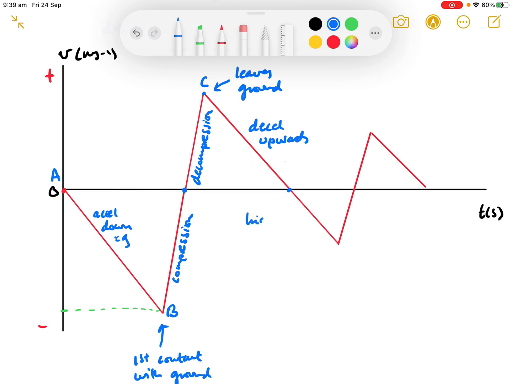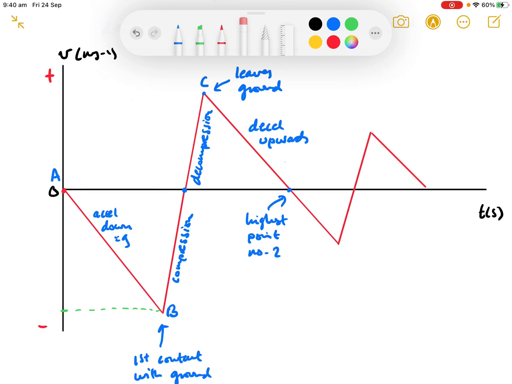So this is the highest point number 2. Forget that last bit.